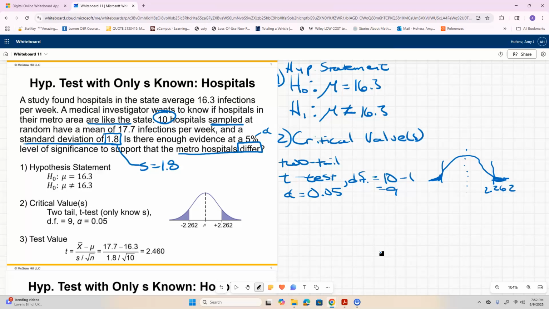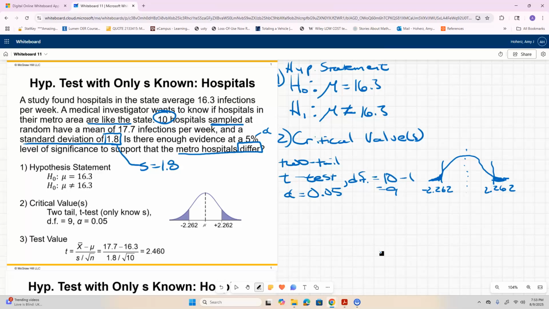For my exams or questions that I give you, it's never going to be close enough that whether you round to 2 or 3 decimal places will make a difference. So do what's comfortable to you. With all the Z's, we always go to 2 decimals. These slides go to 3 decimals, but it's fine. Okay, so we have 2.262 and negative 2.262.